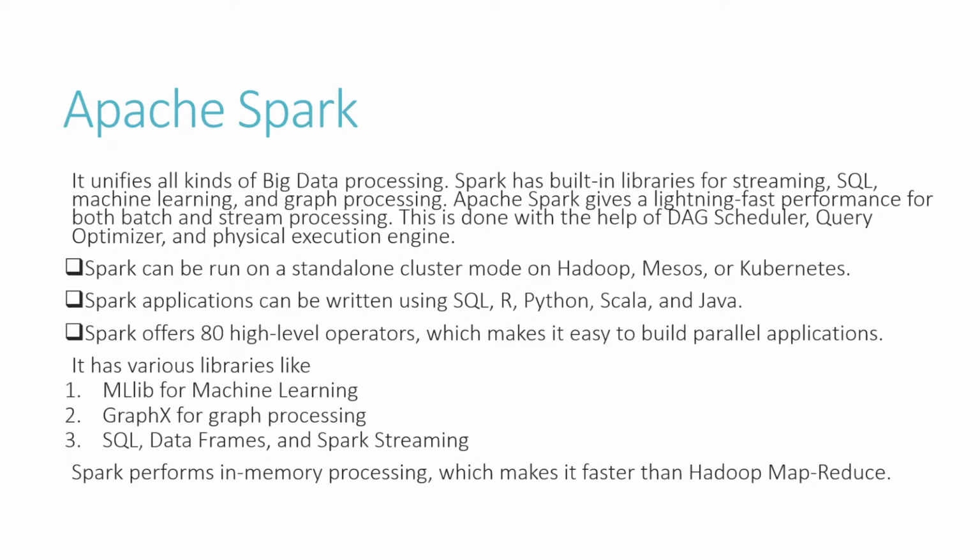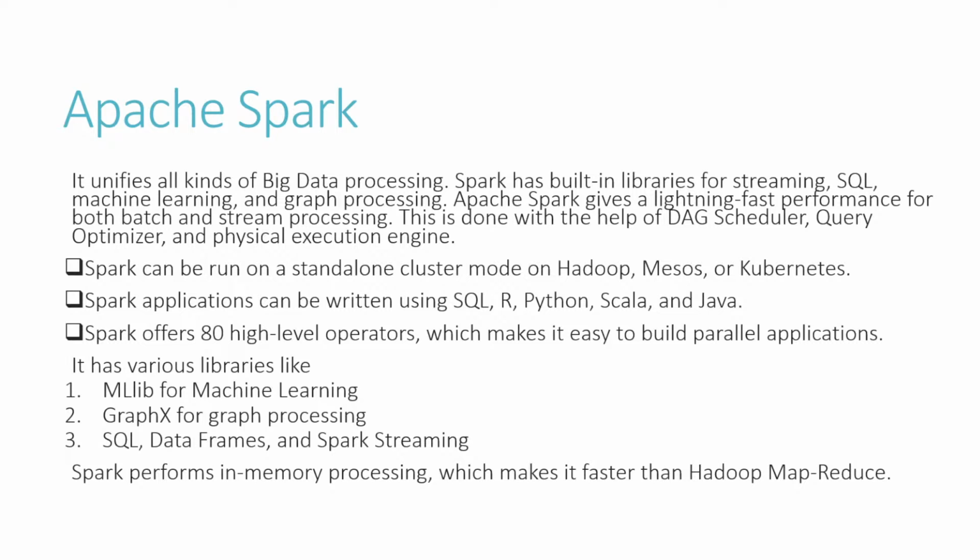All that can be stream processed in Spark pretty fast, or it can also do batch jobs just like Hadoop does and process lots of information and do it much faster than Hadoop MapReduce does.